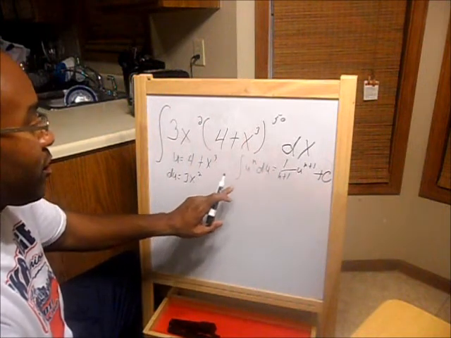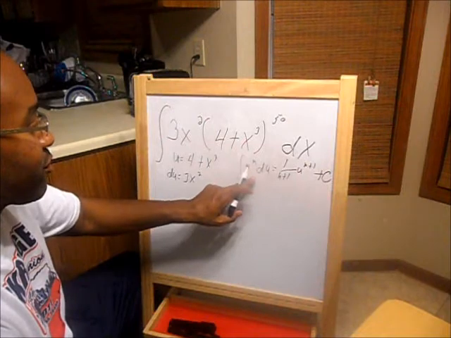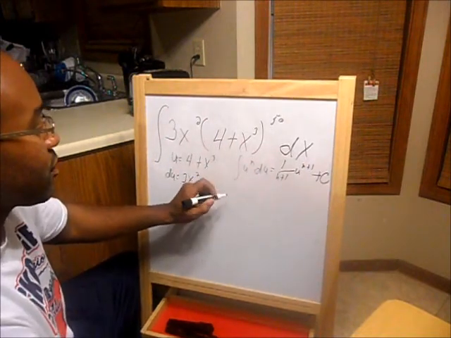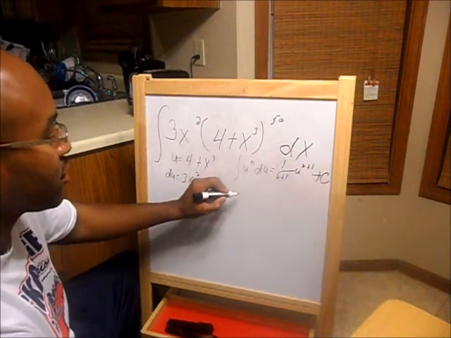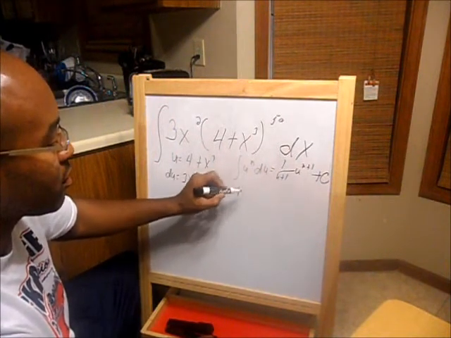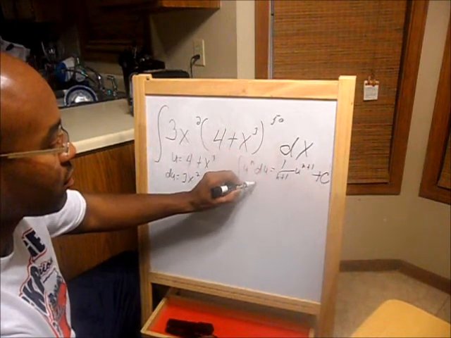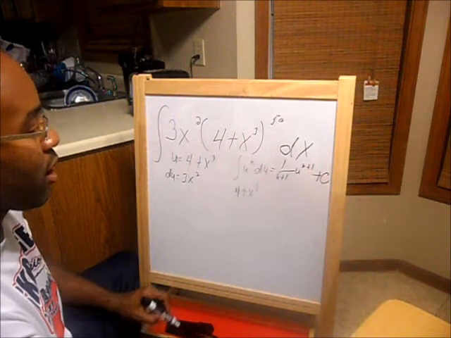Okay, so now what you want to do is sub everything in for u here. So in this case, it's going to turn into u. We let u equal 4 plus x cubed.